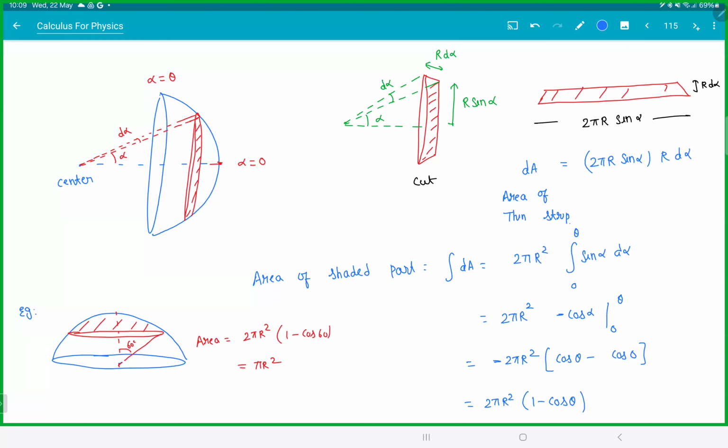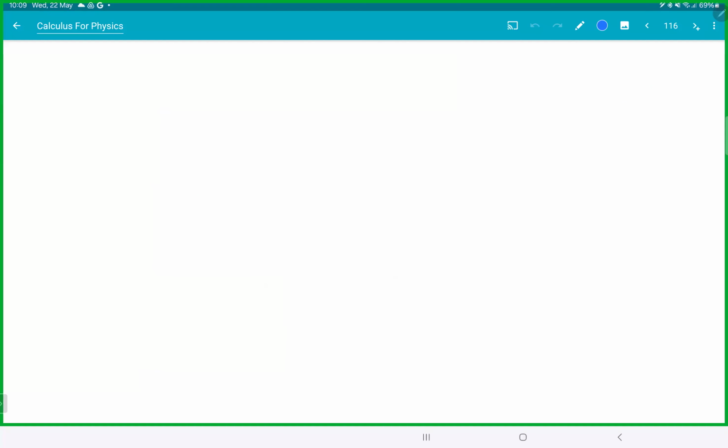Next thing. Now I'll give you something as homework problems. Give it a try. Next class we'll be discussing them. Suppose I have a shape like this. This shape is called a paraboloid.